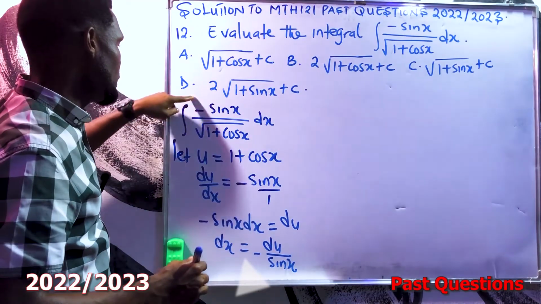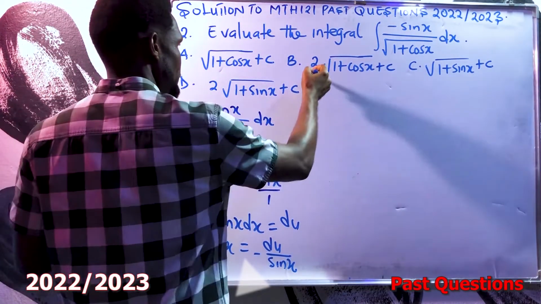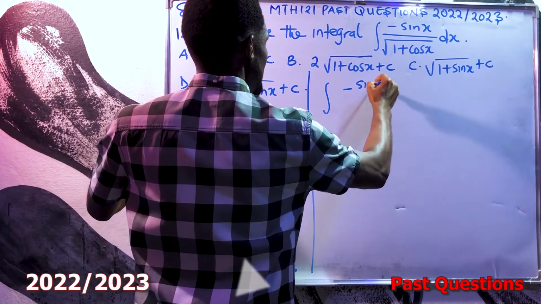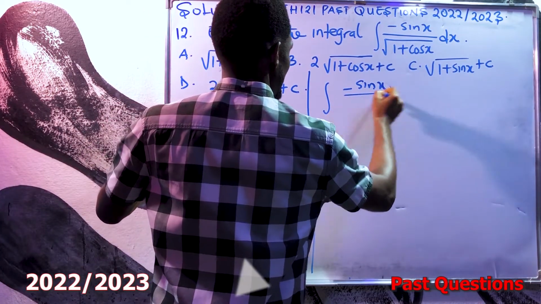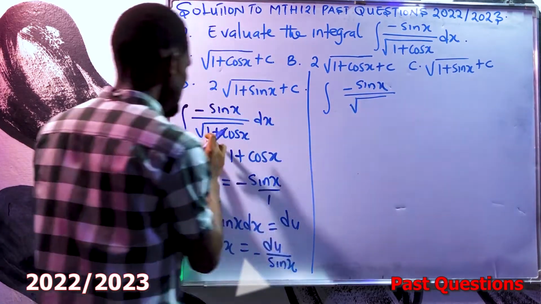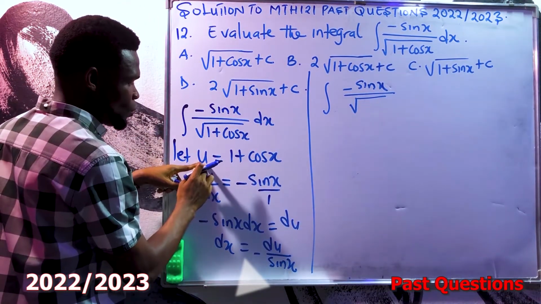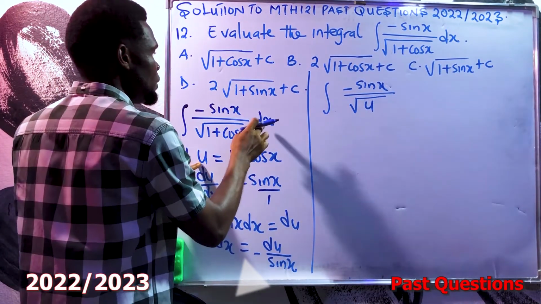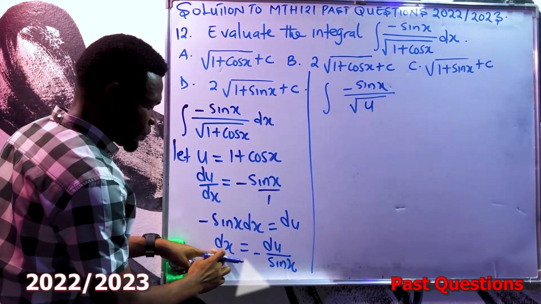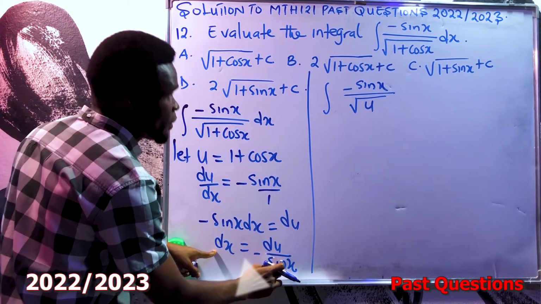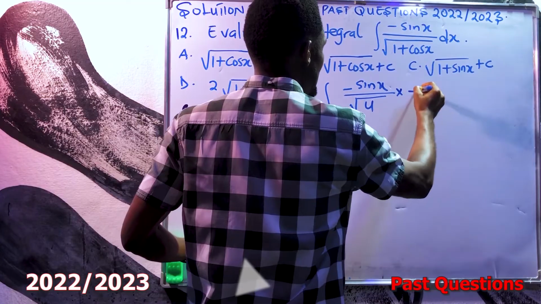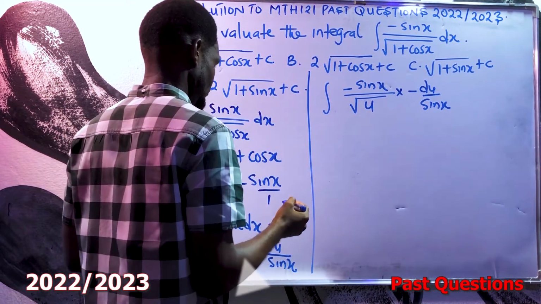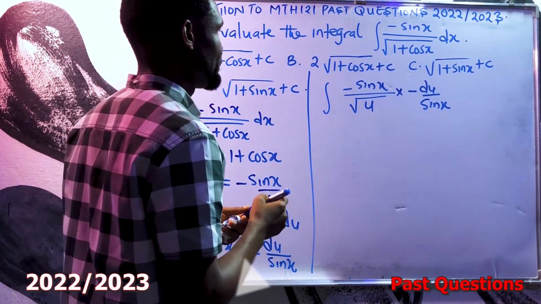When I go back to my integral, I'm going to have the integral of minus sine x all over root, what is 1 plus cos x? Look at it, it is u. So carry u, put u here. Then dx, look at the x now. It is minus du over sine x. So you now have times minus du over sine x.